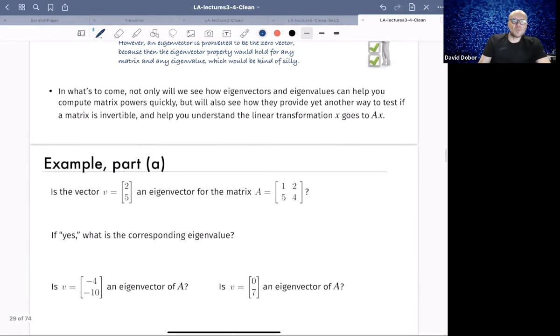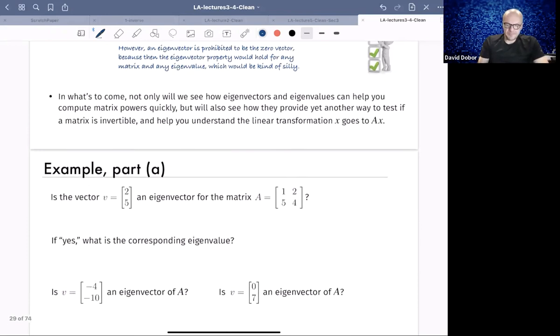So now let's make sure that we're all on the same page before we move on. Is (2, 5) an eigenvector of the matrix [1, 2; 5, 4]? So please help me out. So here's my matrix, 1, 2, 5, 4. Is (2, 5) an eigenvector?